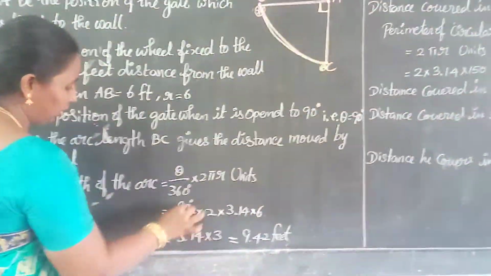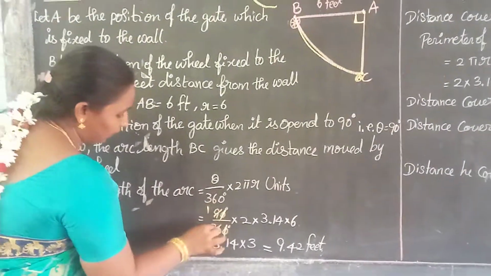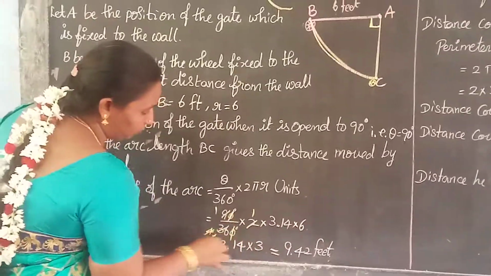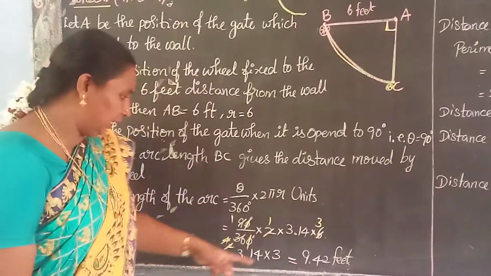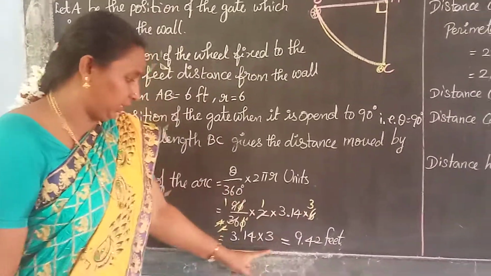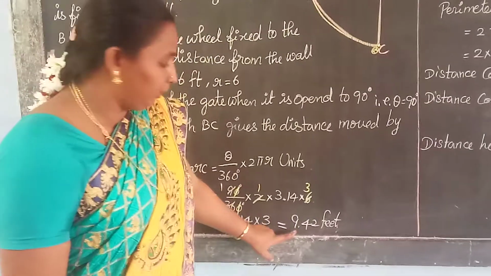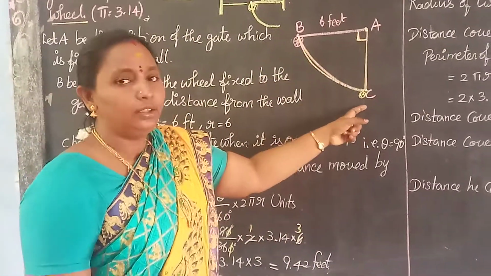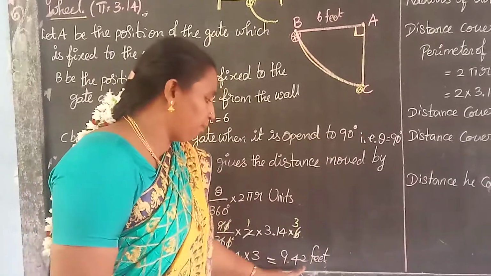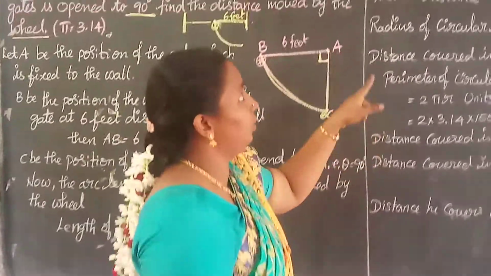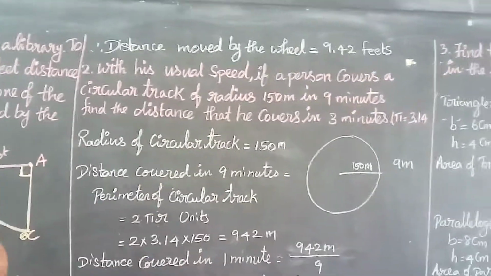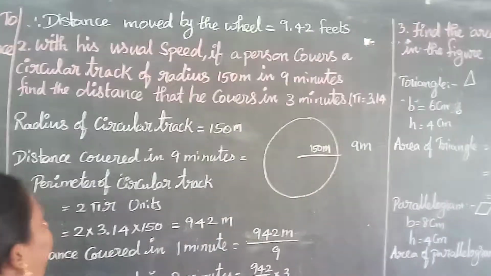Now cancel this 0 with 0. 9 ones are 9, 4 twos are 8... so I will get 3.14 into 3. Multiplying these two, we get 9.42 feet. So the distance traveled by the wheel equals 9.42 feet. Write the last step: distance moved by the wheel equals 9.42 feet.